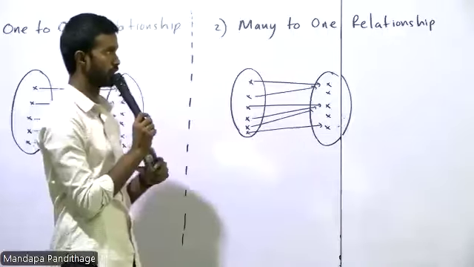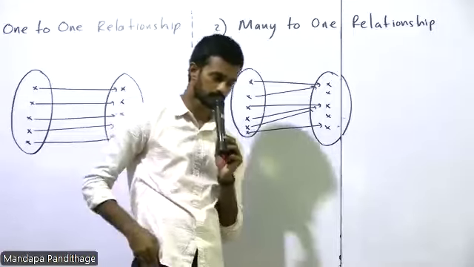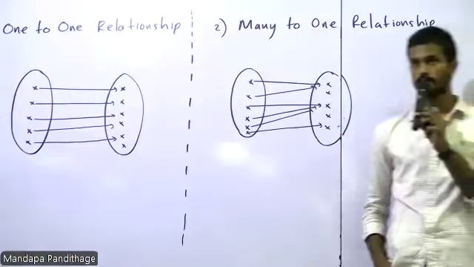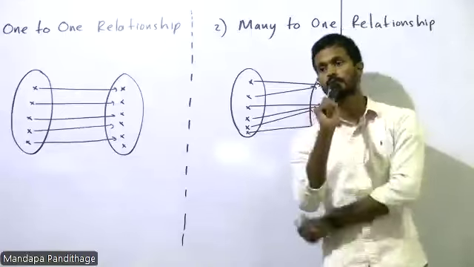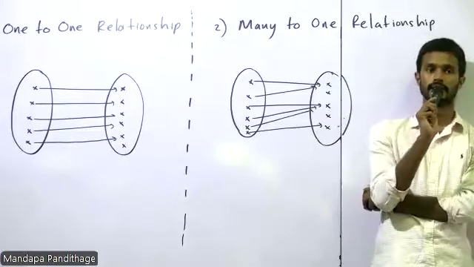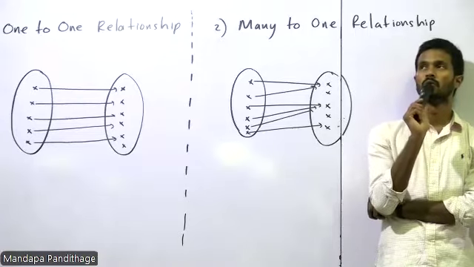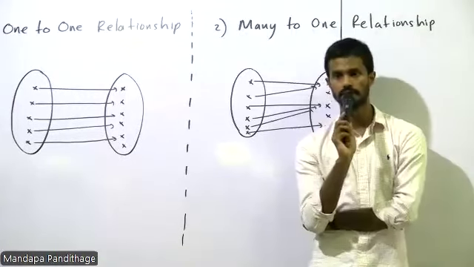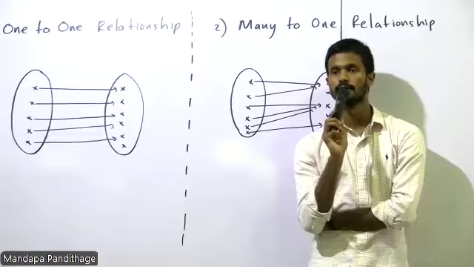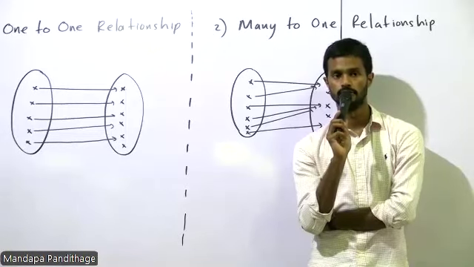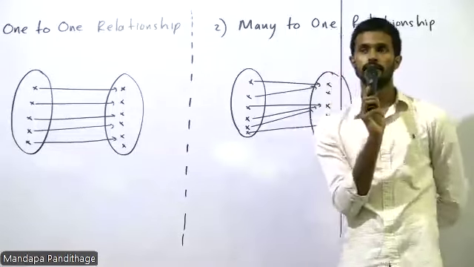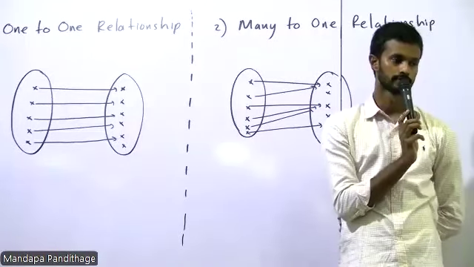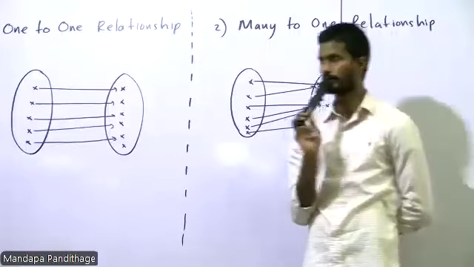Okay, write the second one, many-to-one relationship, and under that write in this way. A relationship that connects two or more elements of a set with a unique element of the other set.